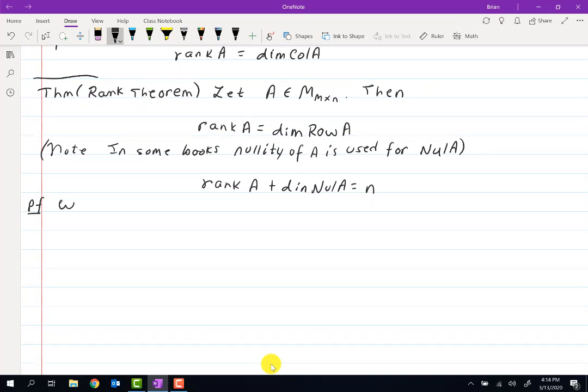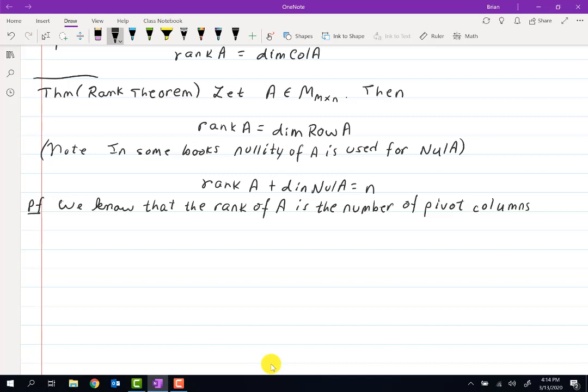So we know that the rank of A is the number of pivot columns in A. The number of pivot columns equals the number of pivots.